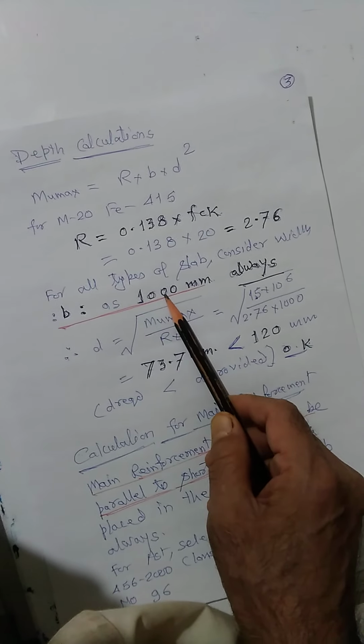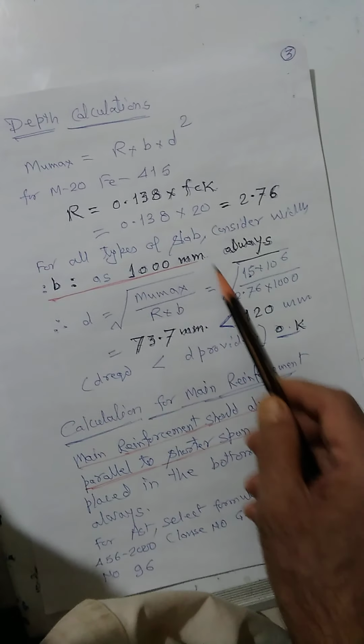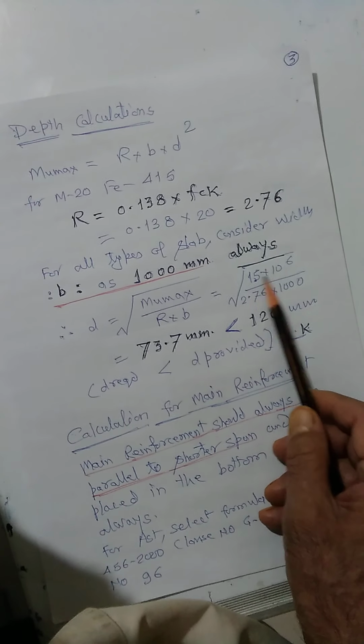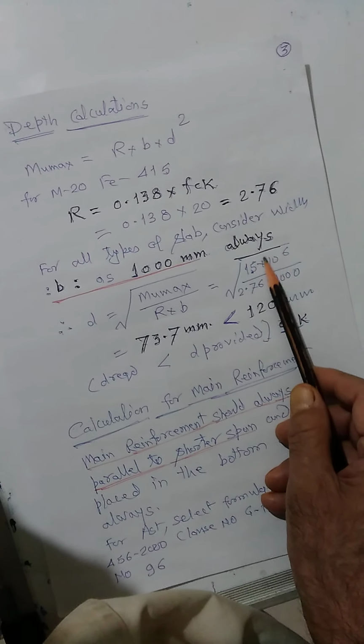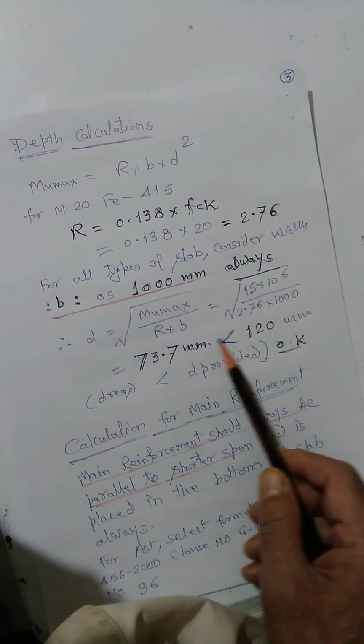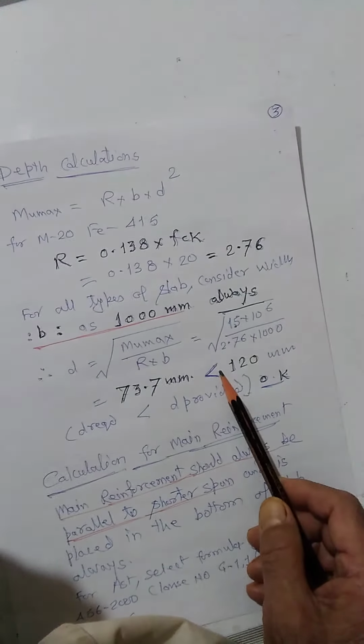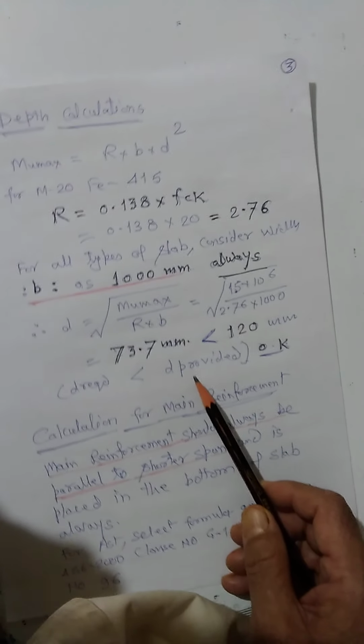And being a slab, B is always to be taken as 1000 mm. Substituting the values, converting this into Newton mm by multiplying by 10 to the power 6, D required is 73.3. We have already provided D as 120.